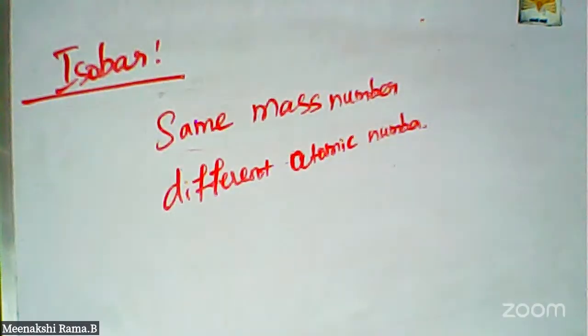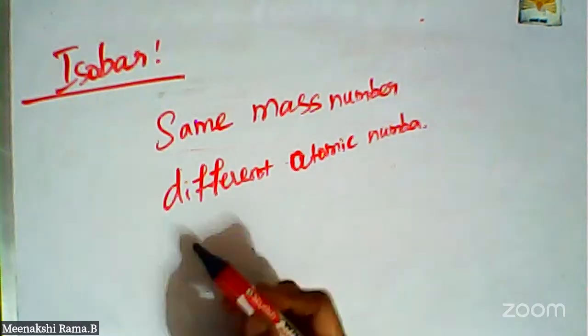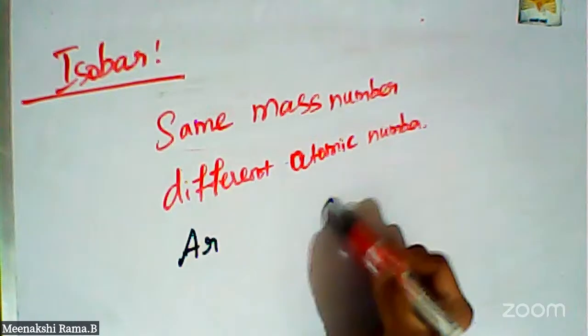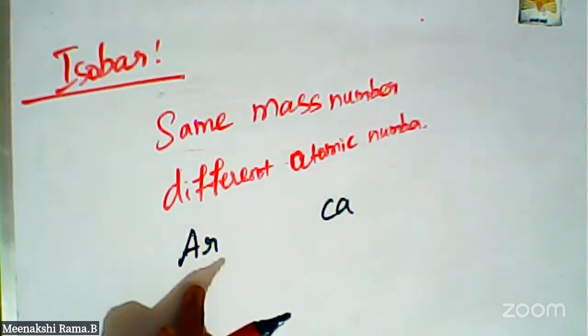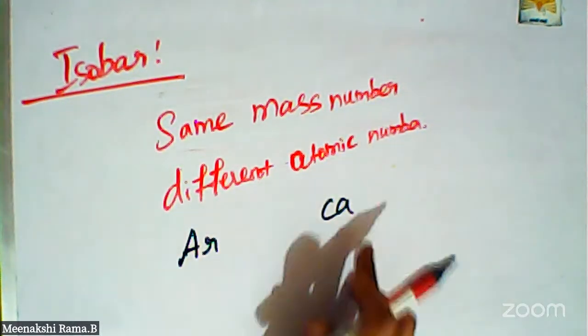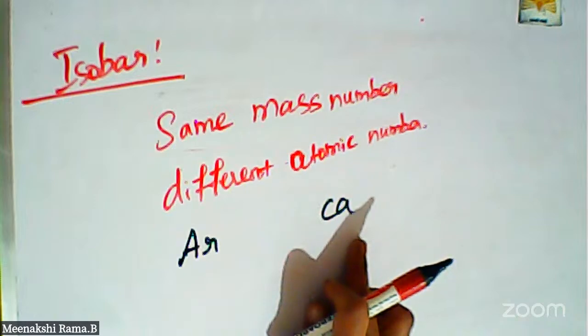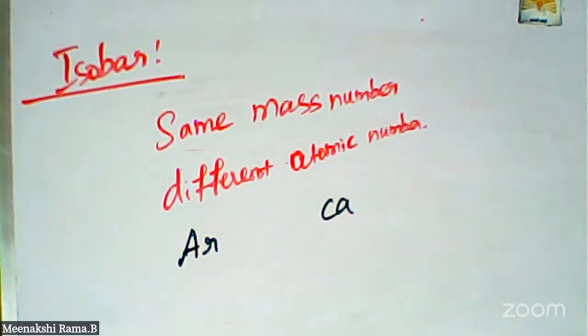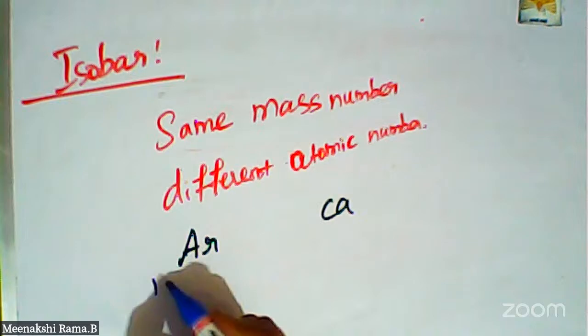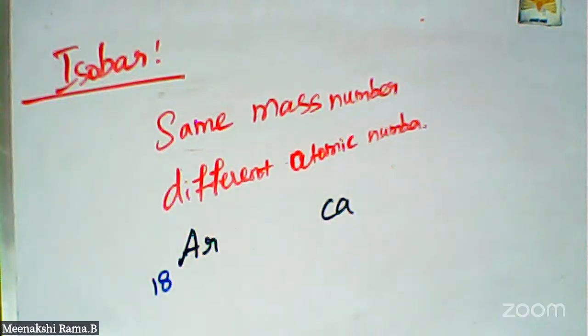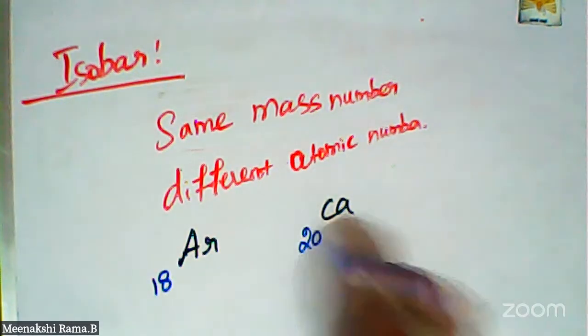The example of isobars is argon and calcium. The symbol of argon is Ar and the symbol of calcium is Ca. The atomic number of argon is 18 and the atomic number of calcium is 20.